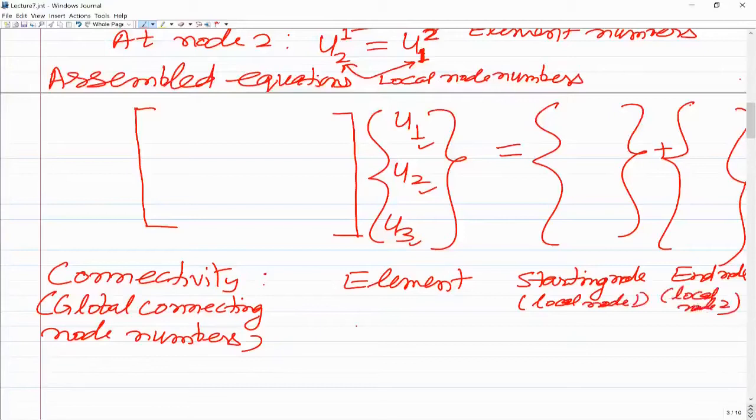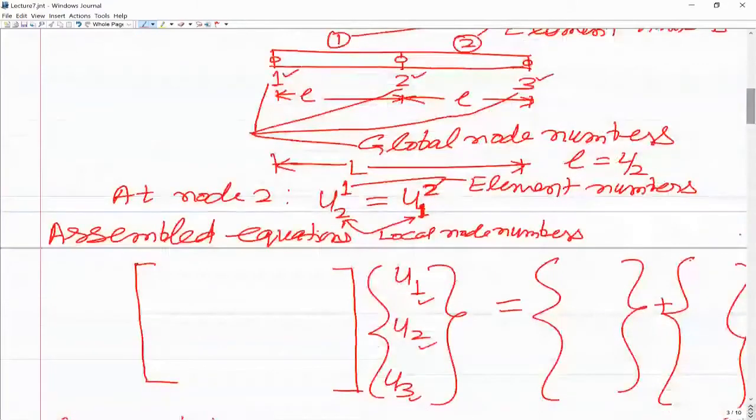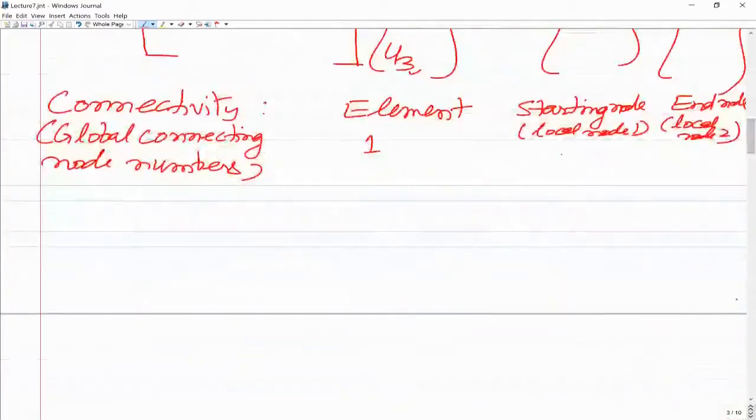If you look at element number 1, in this discretization we have two elements 1 and 2 and the nodes are 1, 2, 3. The first element's starting node is global node number 1 and the end node is global node number 2. So the connectivity has starting node global node number 1 and end node global node number 2.